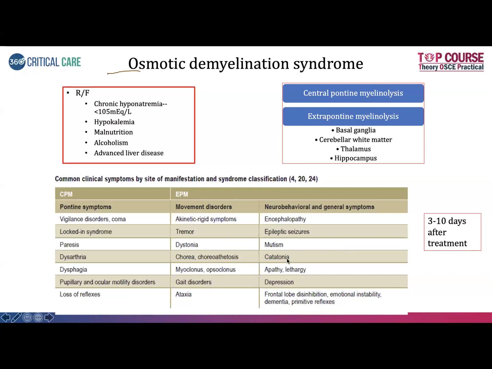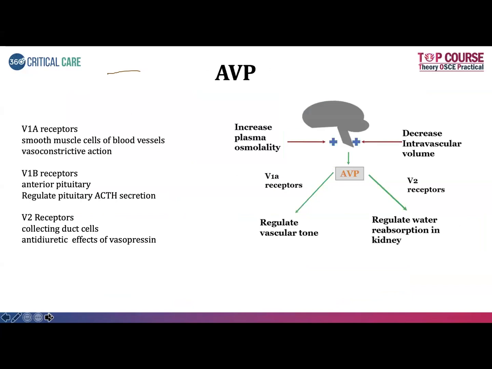Okay. Mutism, catatonia, depression, and epileptic seizures can also be there. There can be frontal lobe disinhibition, emotional instability, dementia, and primitive reflexes. So this is about osmotic demyelination. So there have been questions on vaptans also. So we'll be covering that.